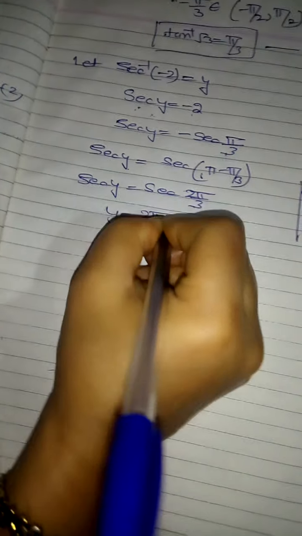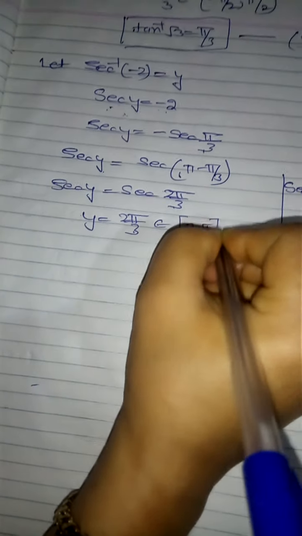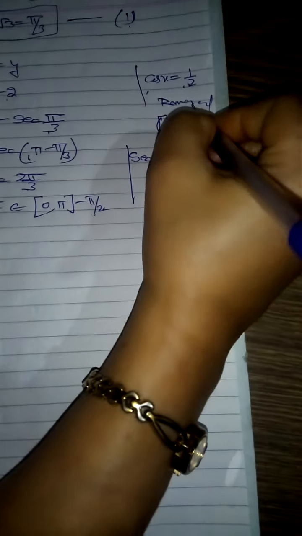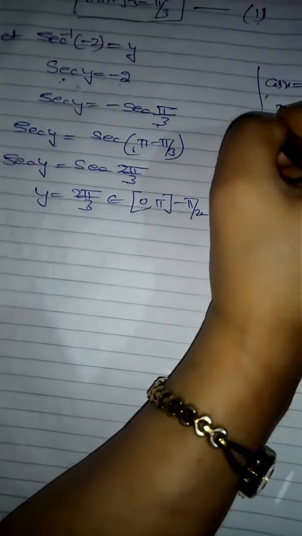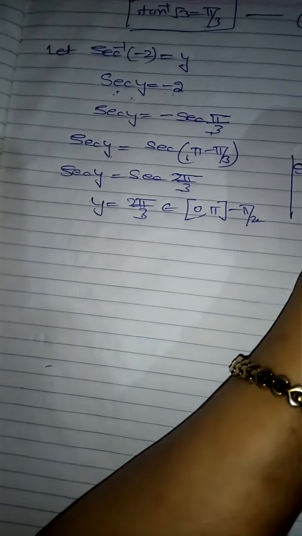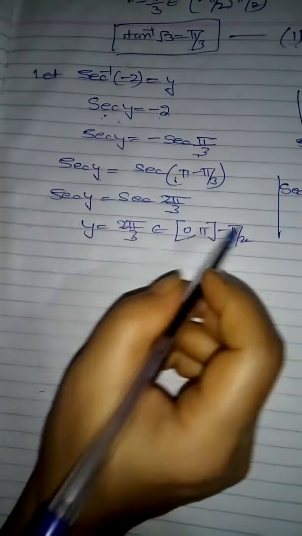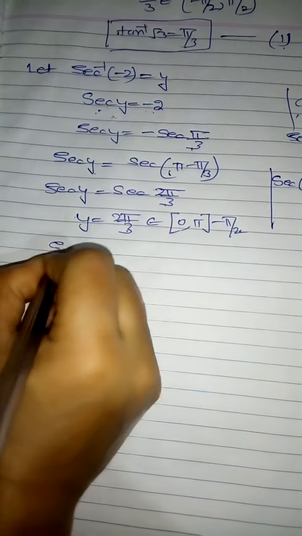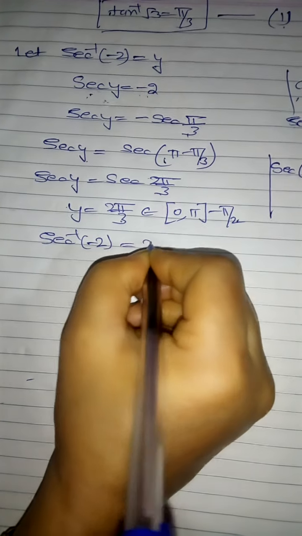So y equals 2 pi by 3, which belongs to the closed interval 0 to pi, minus pi by 2. This is the range of cos, and sec is this one. Cos is 0 to pi, closed interval. So sec inverse minus 2 equals 2 pi by 3.